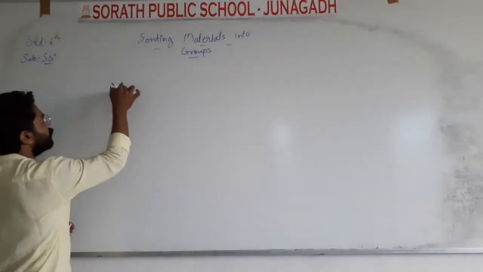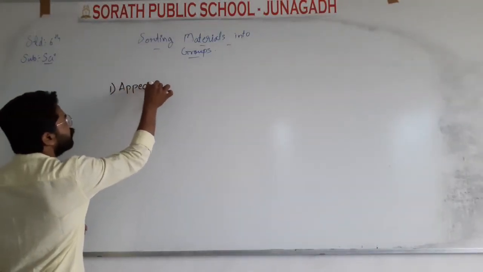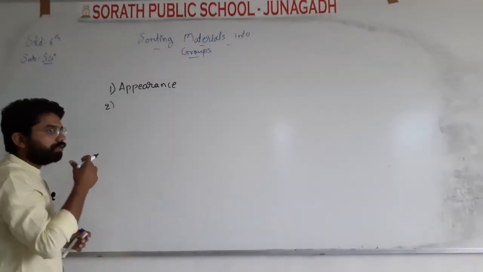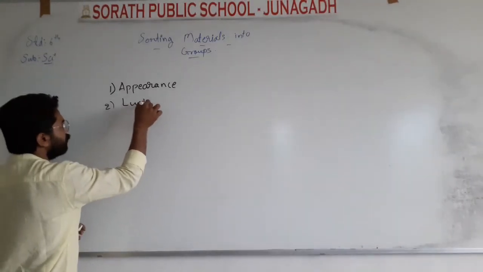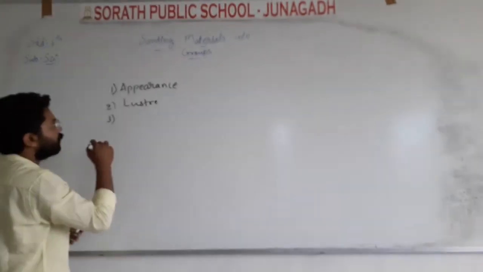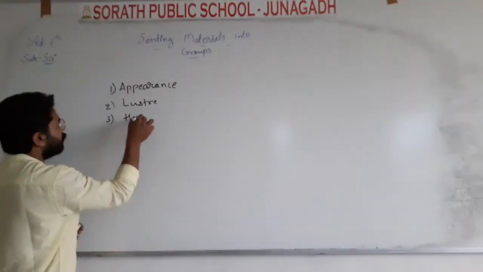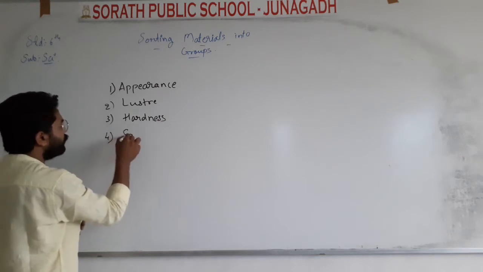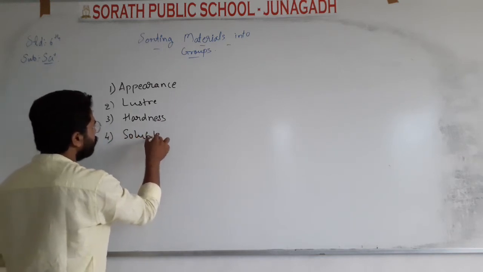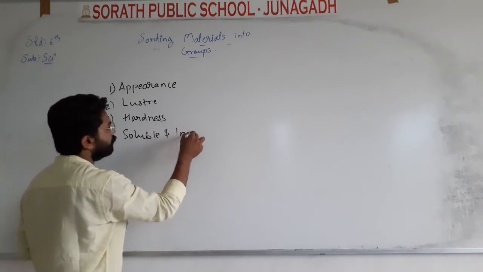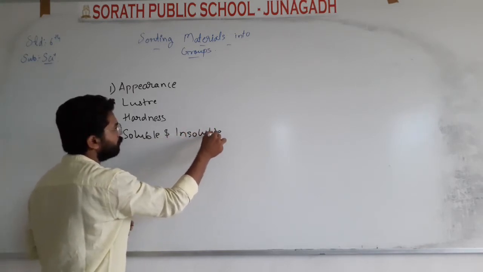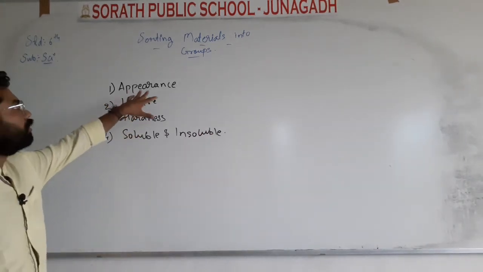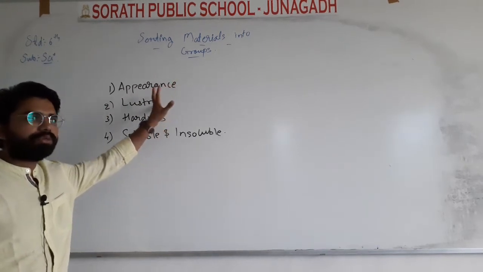First one was appearance, second was luster, third was hardness, fourth was soluble and insoluble. So these were the properties that we have seen till now.